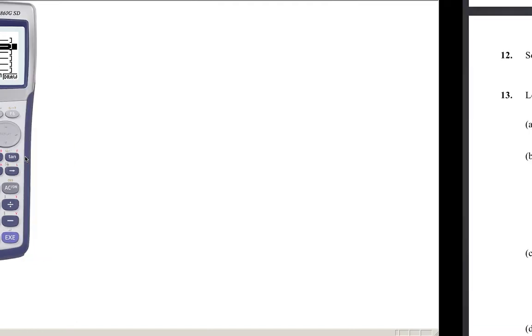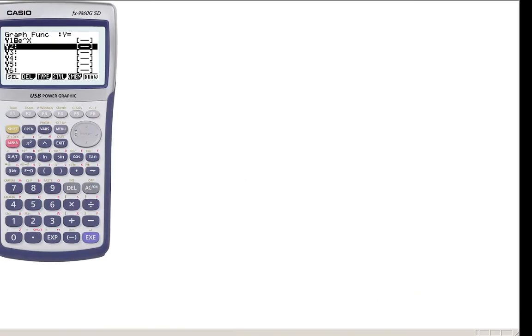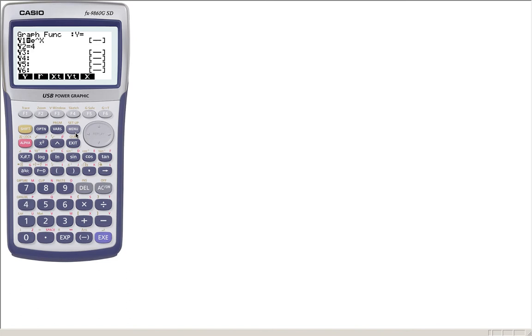Menu, graph. Okay, so y1 is e power x, right? So shift e power x, and this is 4 sin x. Now it's given x is between 0 to 2 pi, right?